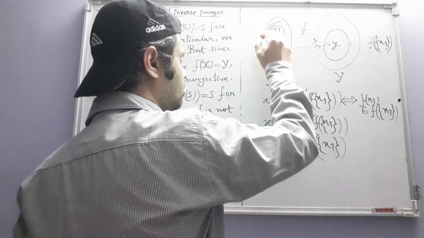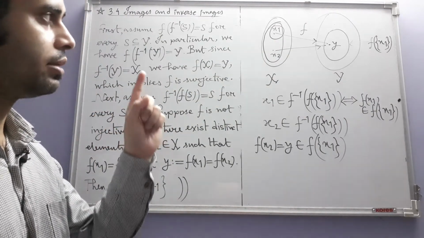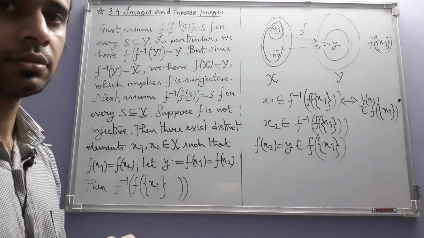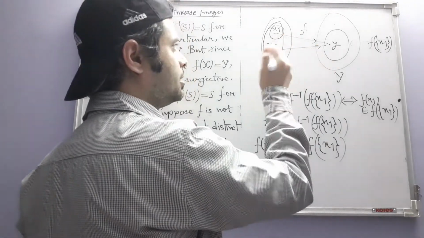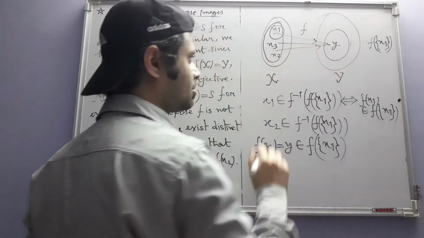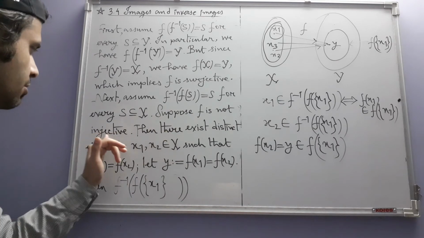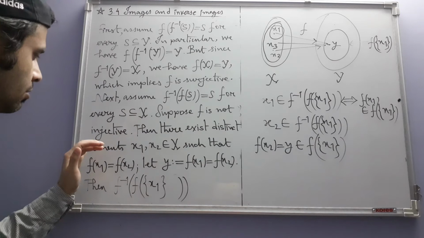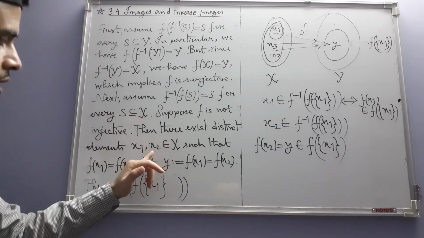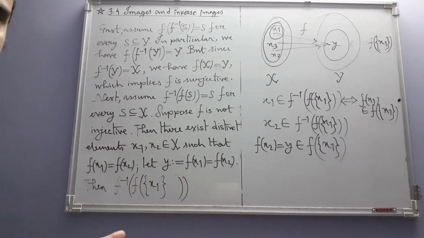So the inverse image will contain both x1 and x2. Keep in mind that it may contain more than these two things, because who knows, maybe there is some x3 whose image is also y. Owing to our supposition that f is not injective, we have at least two elements x1 and x2 which are distinct, but their f images are equal. There may be more. We don't need them, but there may be more.